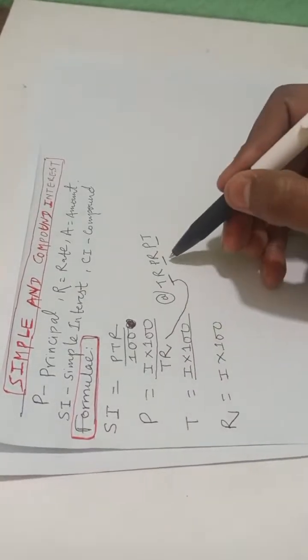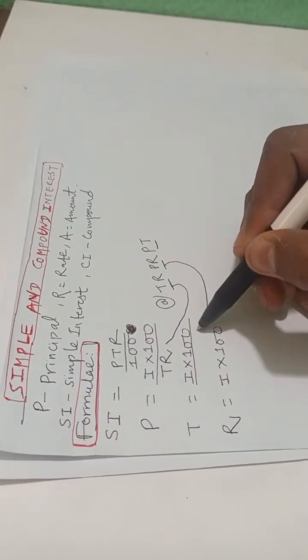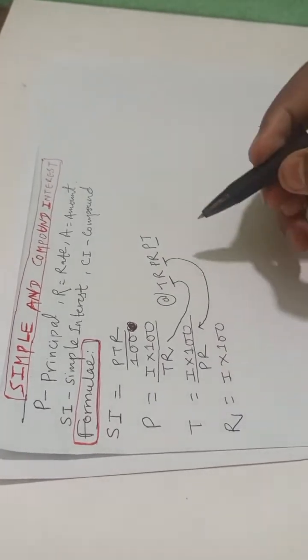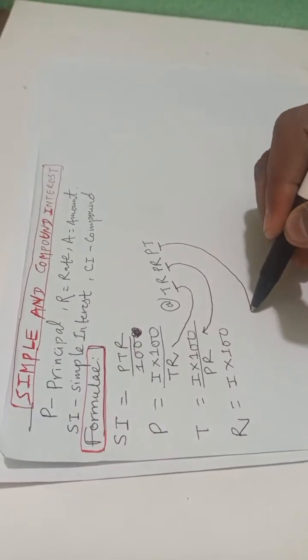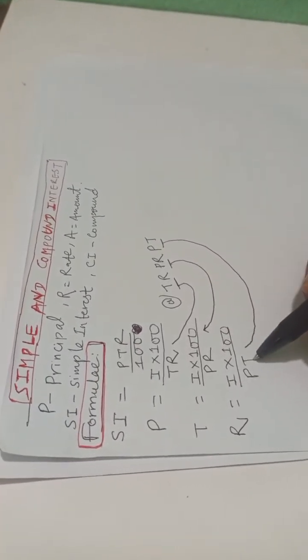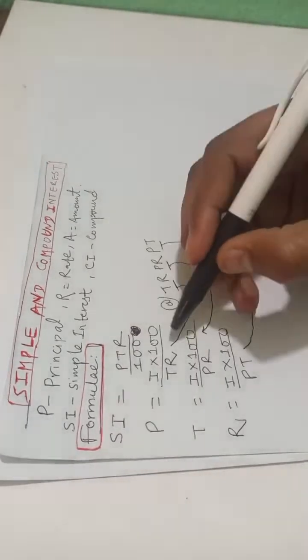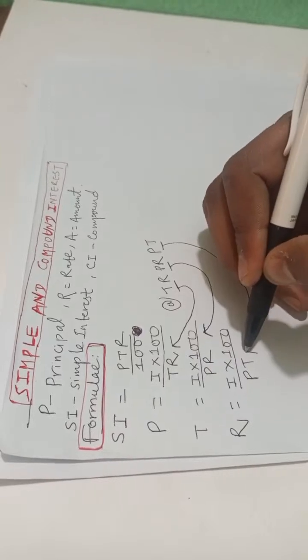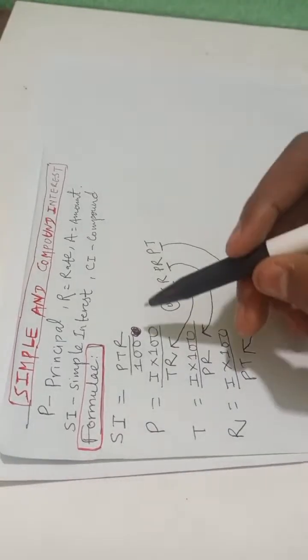In the case of time, we have to apply PR: I into 100 by PR. In the case of rate, we have to apply PT. This is the trick for memorization. The common part is I into 100.